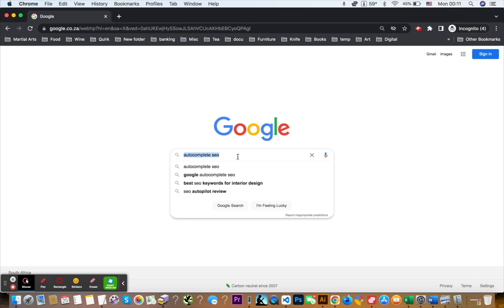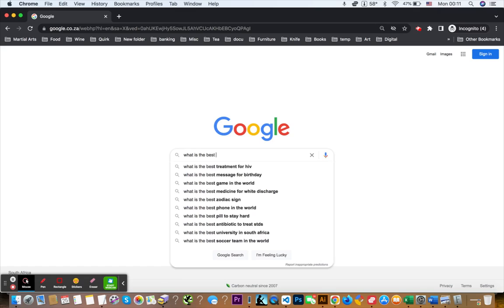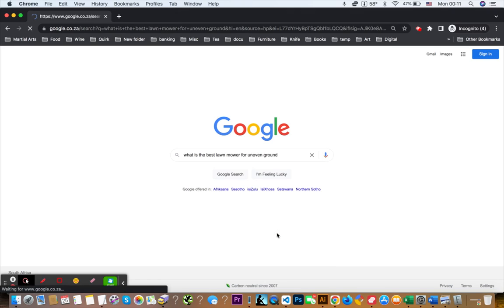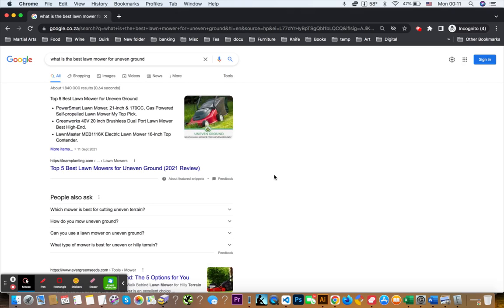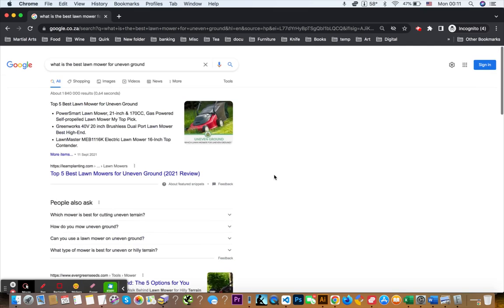So let's jump in. The example we use in the SEO Cape Town guide is lawnmowers. For instance, at the awareness stage of the buying cycle, the person would use what, how, when answers. So, what is the best lawn mower for uneven ground, as an example, and then it would give the person an idea of which lawnmowers work.